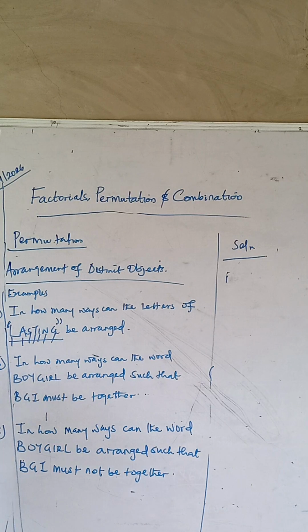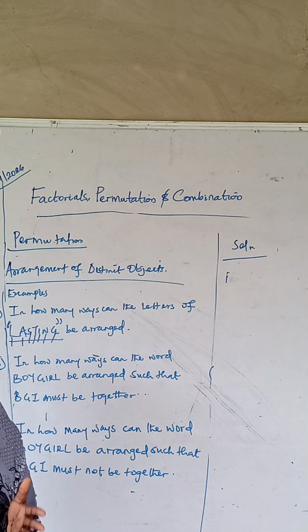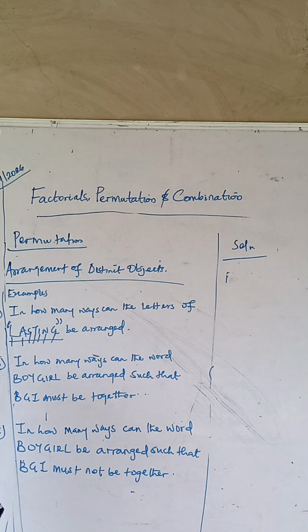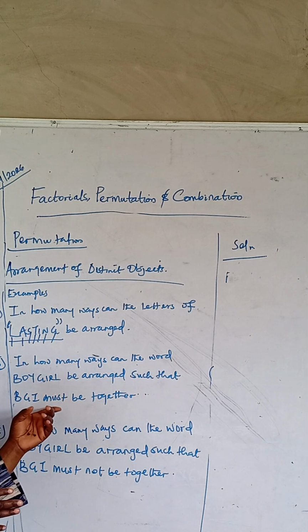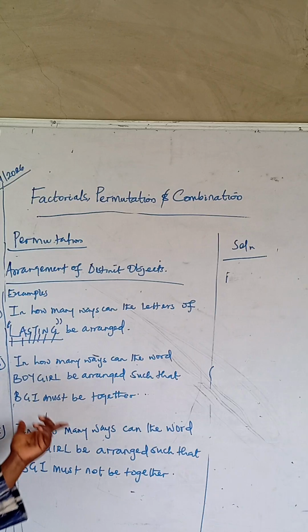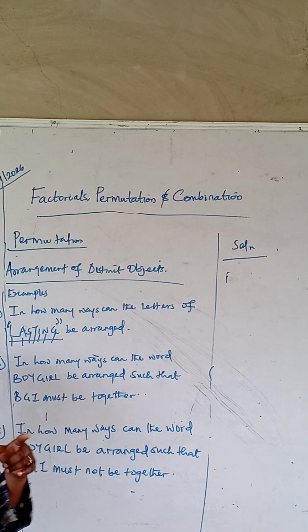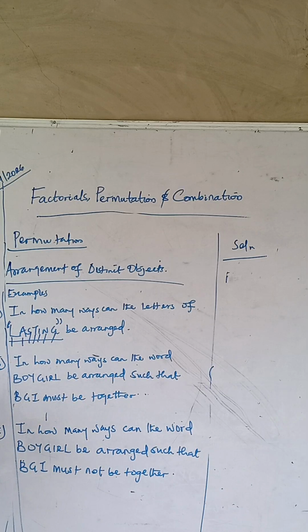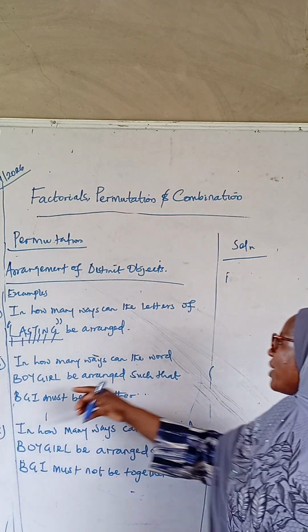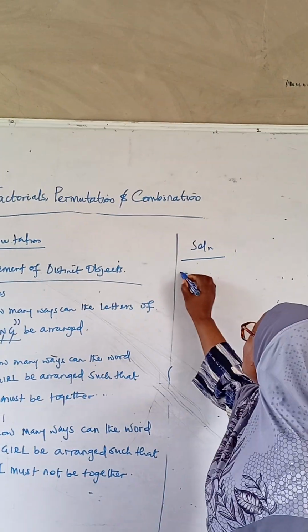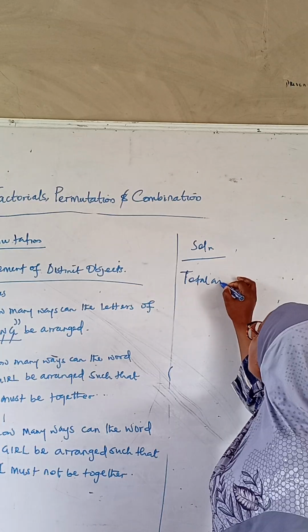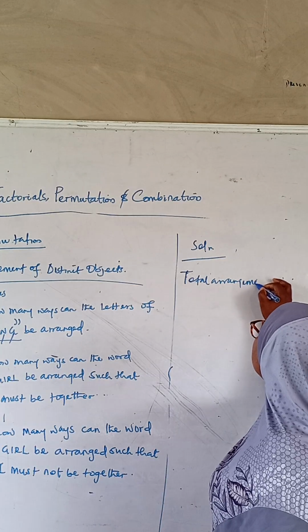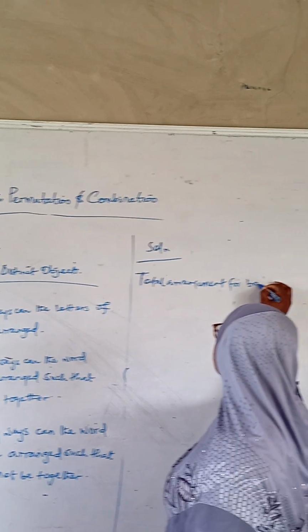So if I want to get the total arrangement that I can have, the total arrangement will be equal to the number of ways at which BOY GIRL can be arranged such that BGI must be together, plus the number of ways at which BGI must not be together. What I'm saying in essence is, the total arrangement for BOY GIRL will be what?